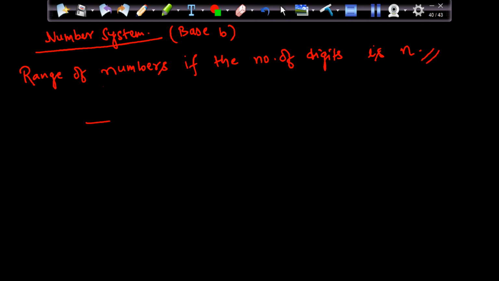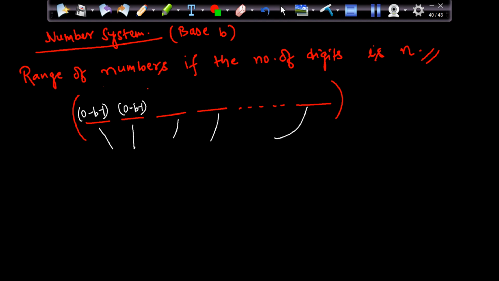So it means that there are going to be n places, n digits, right? And each place you can fill in b ways, that is from 0 to b minus 1. Each place can be filled by any one of the digits between 0 and b minus 1. Okay, so for each place you have b choices.